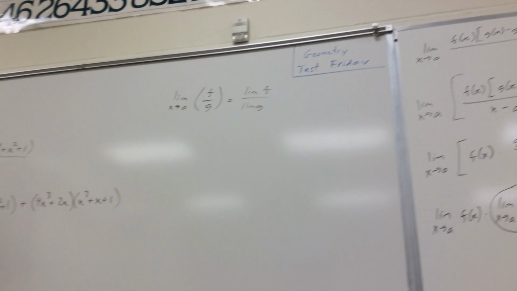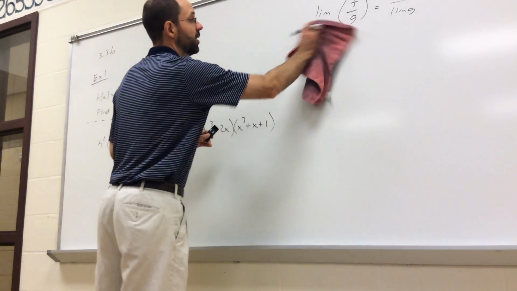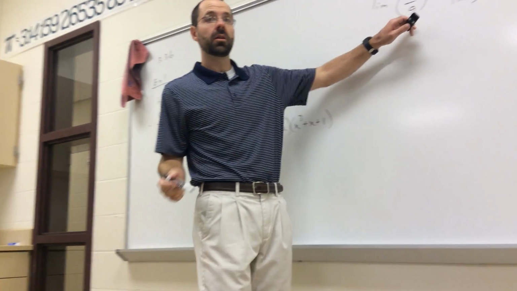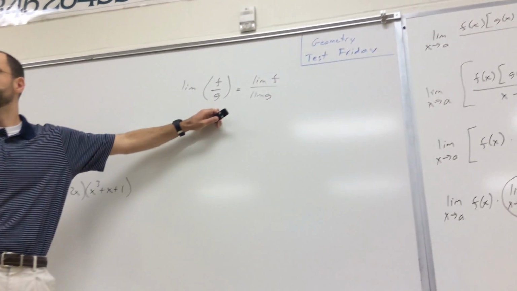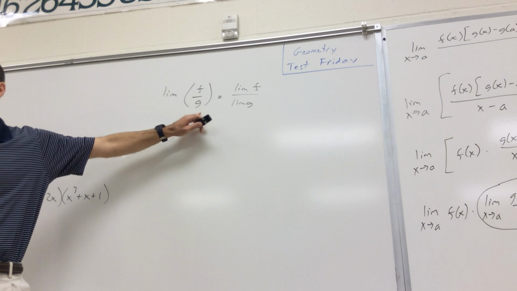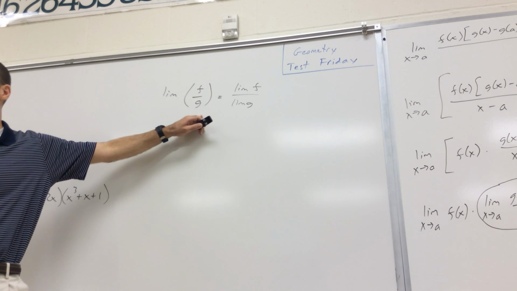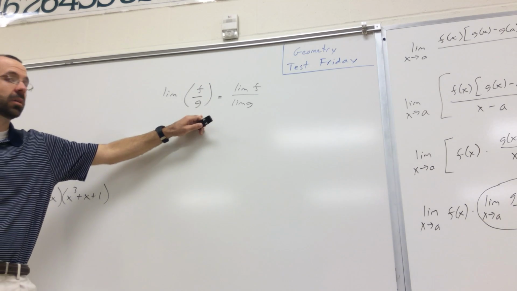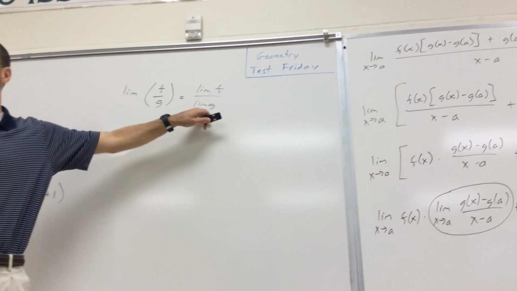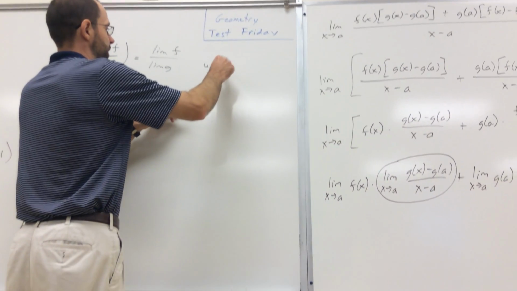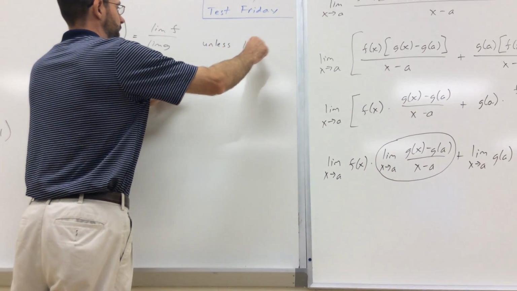I'm just writing this down informally, so that's why I'm leaving out the x minus a, because we've already written it down officially. So you had a limit law that said this. Was this always true? It wasn't always true. When was it not true? When the limit of g was 0, right? So this is true unless the limit of g is 0.